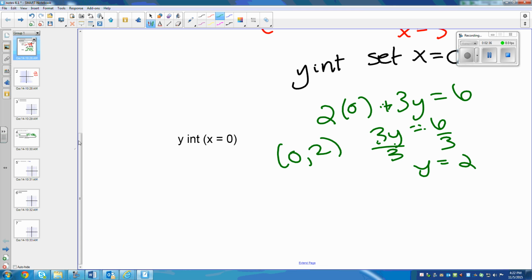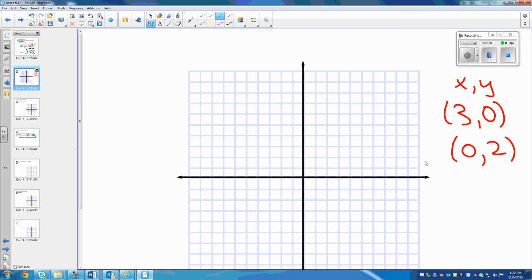So we'll take these 2 points and we'll put them on a graph. Our first point is (3, 0). So x's are horizontally and y's are vertically. So (3, 0), that's right here. And then our other point is (0, 2). So 0 on x, positive 2 on y, right here.